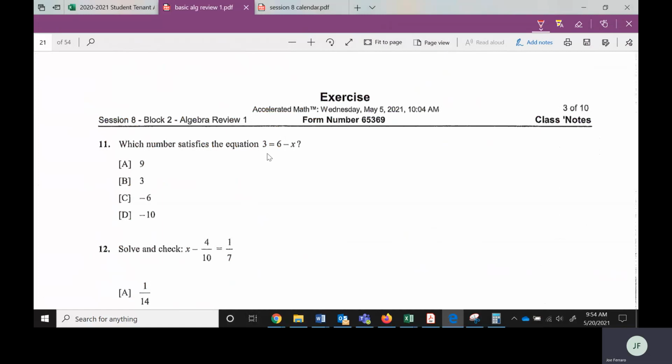Meaning, if you said the answer is 9, 6 minus 9 would give you -3. So that's out. Let's try 3. 6 minus 3, that's 3. There's our answer. Okay, so that's all you'd have to do on a problem like that.